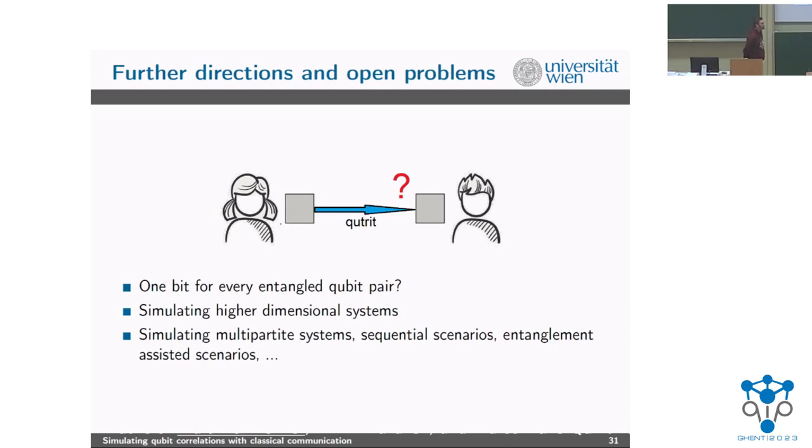Okay, so maybe the last question. Yeah, just a follow-up question to your answer just now. What I don't quite understand is that what you're doing here is, we have some pre-shared randomness, and then on top of that, we only have to communicate this much classical information to simulate the correlations or the measurement outcomes of a qubit or an EPR pair.